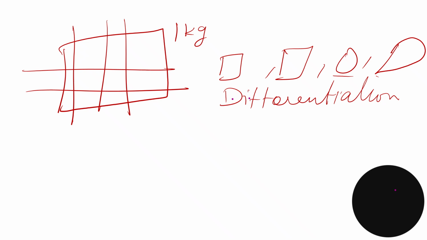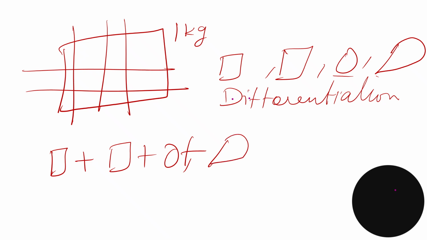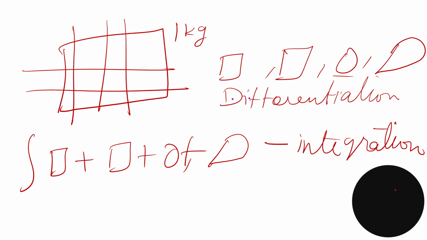If we collect all the tiny pieces of cake and join them together, it's like integration. So we are reconstructing the whole from its parts. Understand? We are reconstructing the whole from its parts.